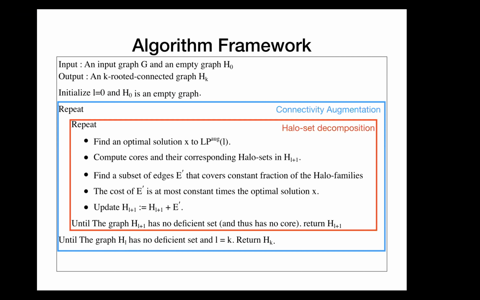In each round, we can choose a set of edges whose cost is at most a constant times the optimal solution of the LP relaxation of the k-DST problem, and we make sure that at least a constant fraction of hollow sets is covered in each subround, which means in the loop. This guarantees that we can spend a log q number of loops to cover all the hollow sets. This gives us a log q ratio, where q is the number of terminals.